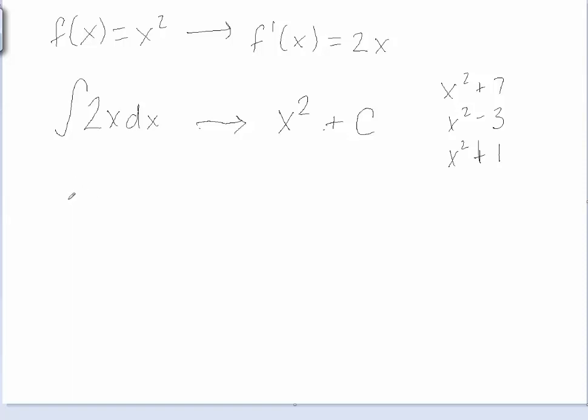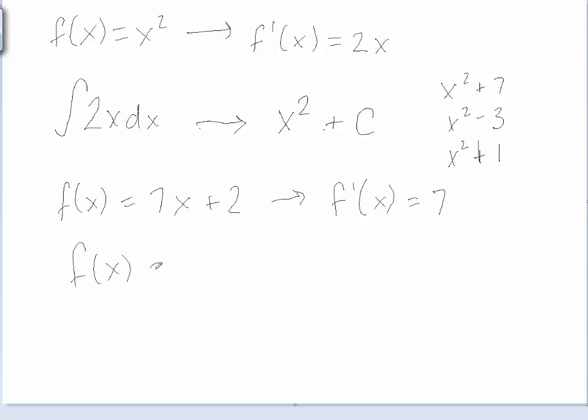So that's all we're doing when we're finding antiderivatives. We're just going backwards. Take a function, we can find its derivative. Now what we're going to do is take a derivative and find the function that it's associated with. Okay, so we knew that if I had the function 7x plus 2, or some linear function, the derivative is going to be the slope.